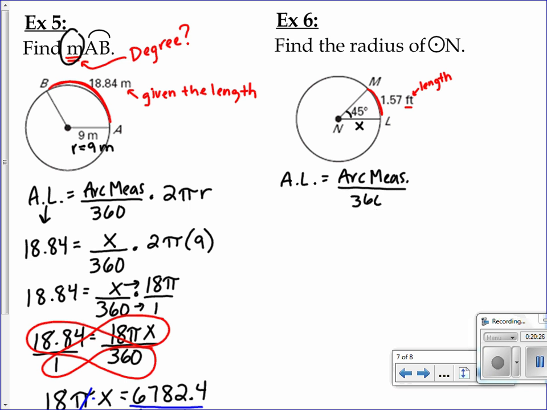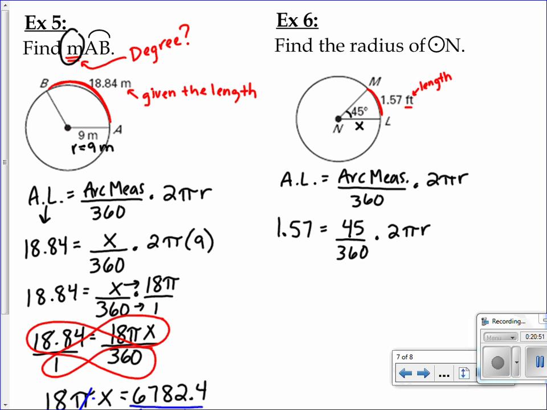Since we're looking for radius, let's go ahead and use the 2 pi r and plug in what we know. We know the length is 1.57. I now know my measure. It's 45 over 360. I just don't know r. I'm just going to rewrite it. Okay, we're going to do exactly what we did before. Let's just simplify 45 over 360.